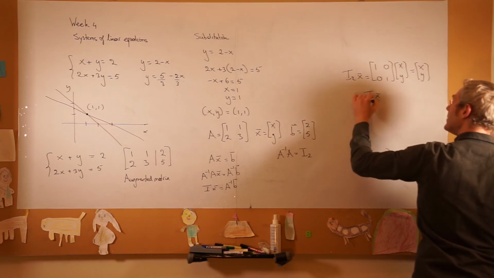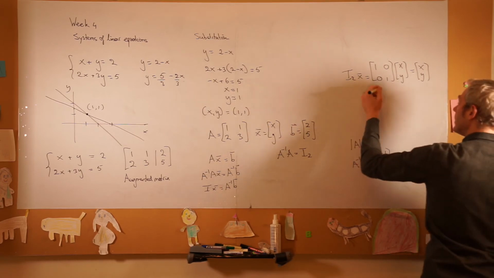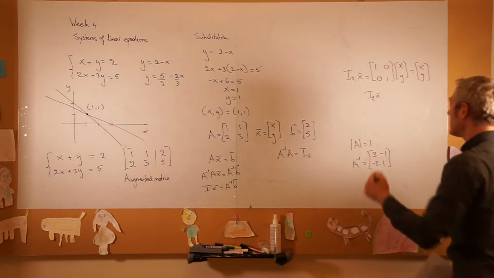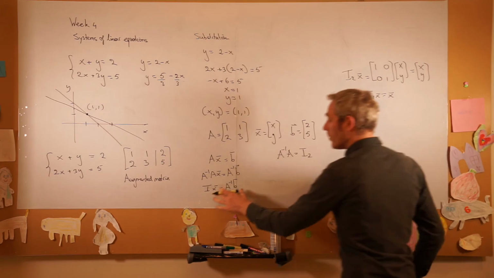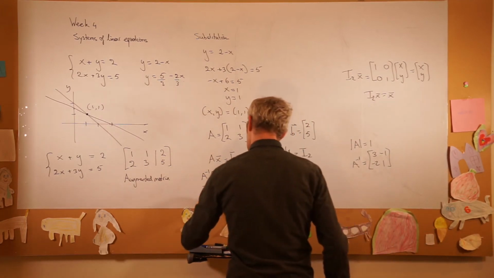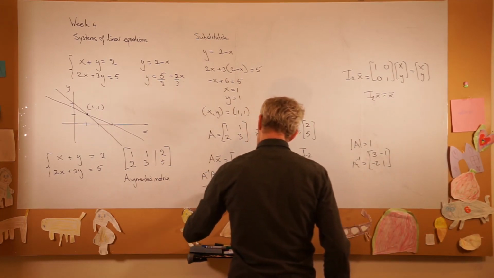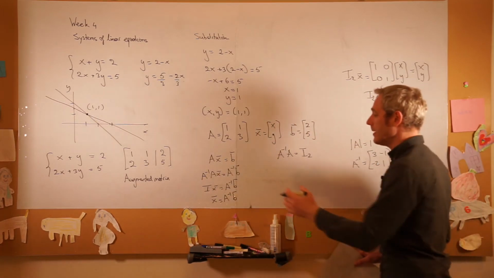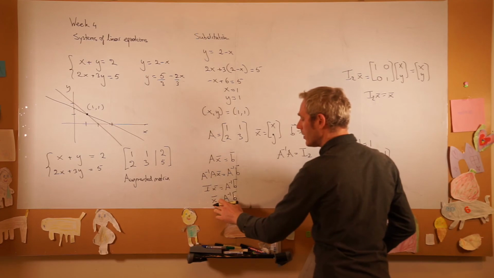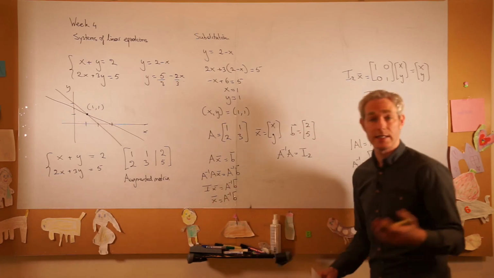Multiplying the identity matrix, in this case the 2 by 2 identity matrix, by x is the same as the vector itself. So what we have here is that x is equal to A inverse B.